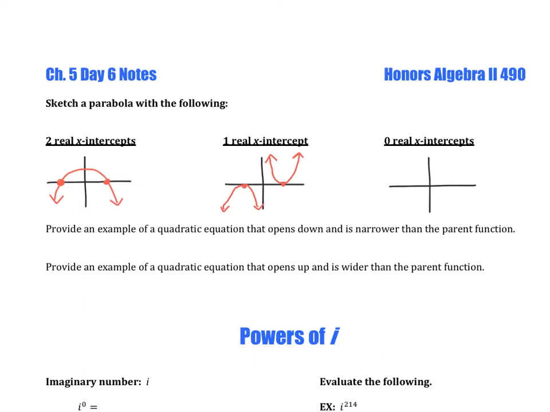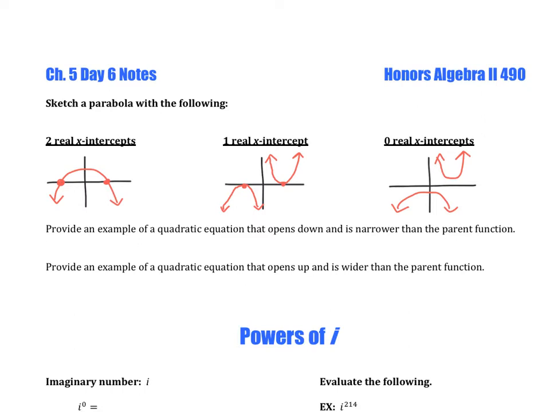All right, and then the example on the right, 0 real x-intercepts, means if it's a parabola pointing up, it needs to be above the x-axis. If it's a parabola pointing down, it needs to be below the x-axis. Either one of those is fine. And also, I did mention on the first example over here on the left, yes, we could have had a parabola pointing up, just as long as it touched the x-axis in 2 different points, it would have met the criteria.